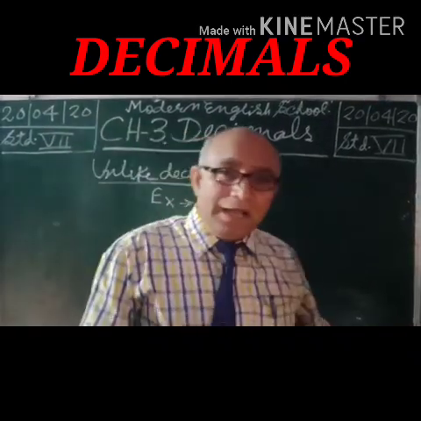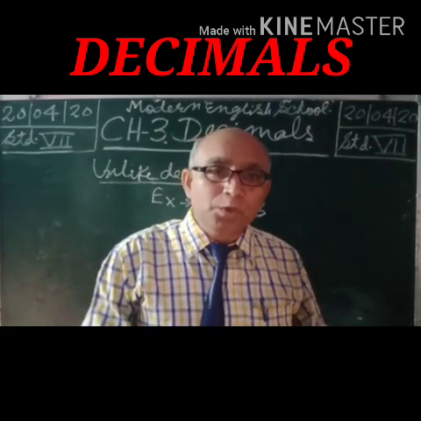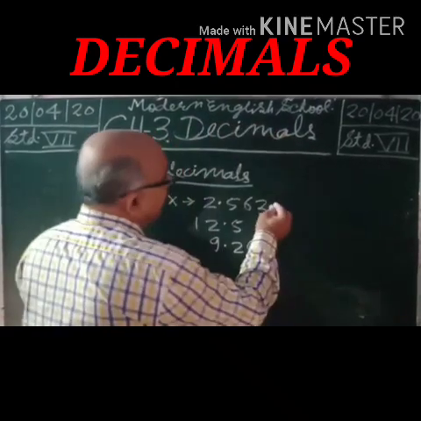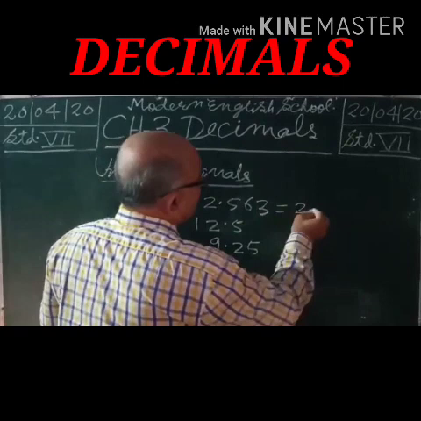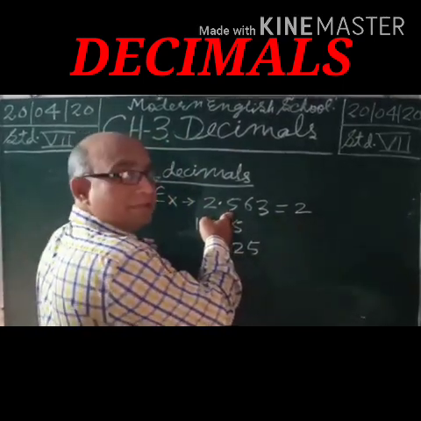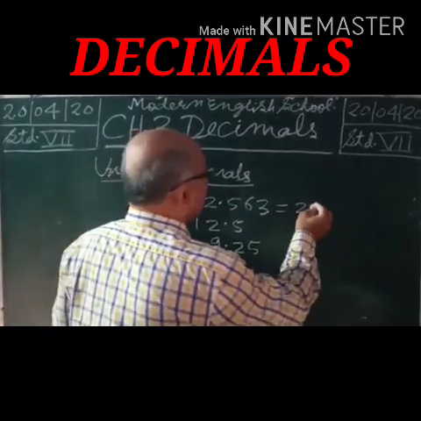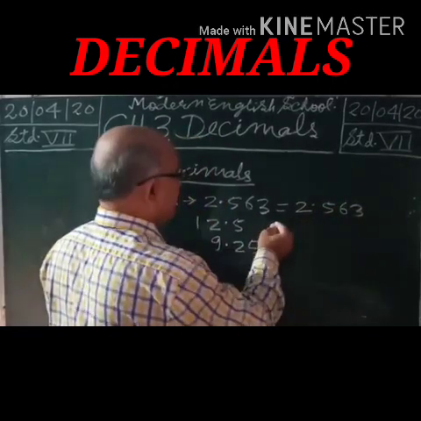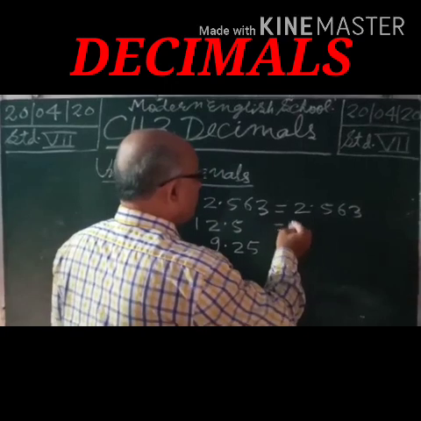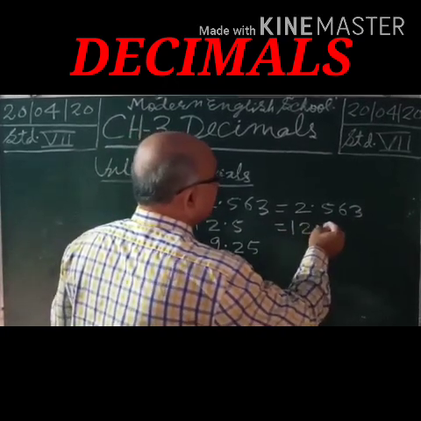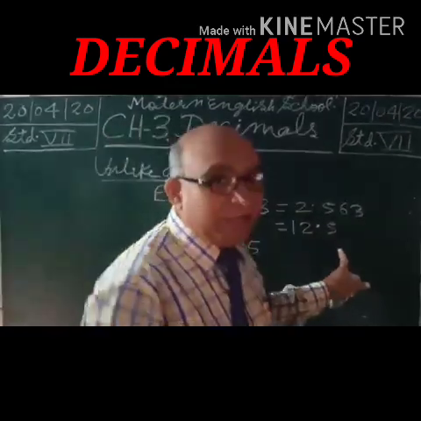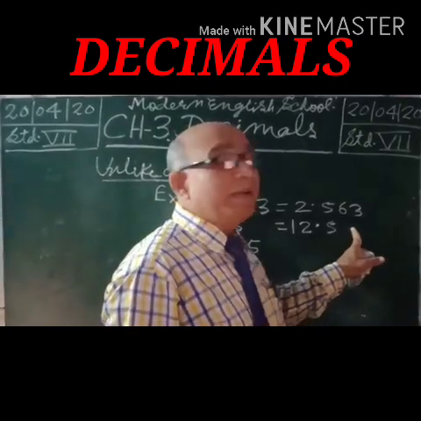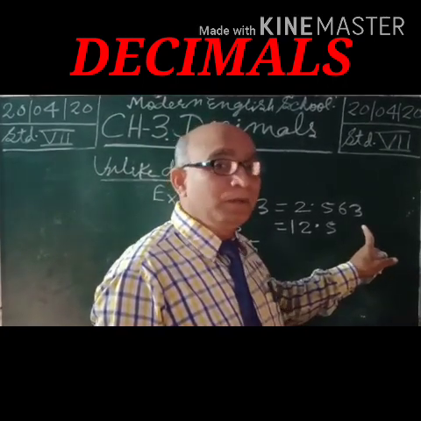Change unlike decimals into like decimals. Here the highest number of decimal places is 3. So 2.563 equal to 2.563. 12.5. We can write so many digits after the decimal point.